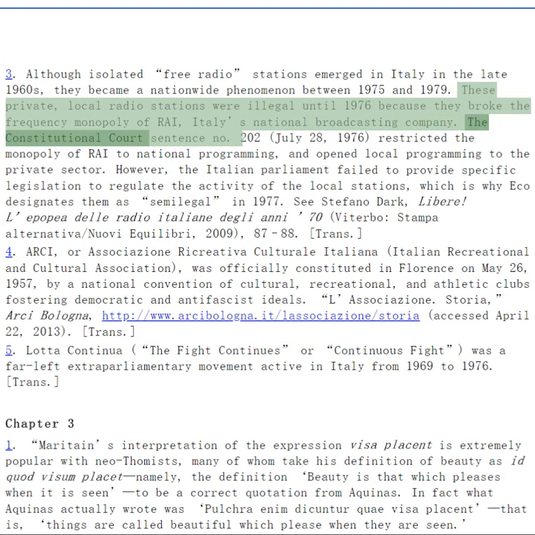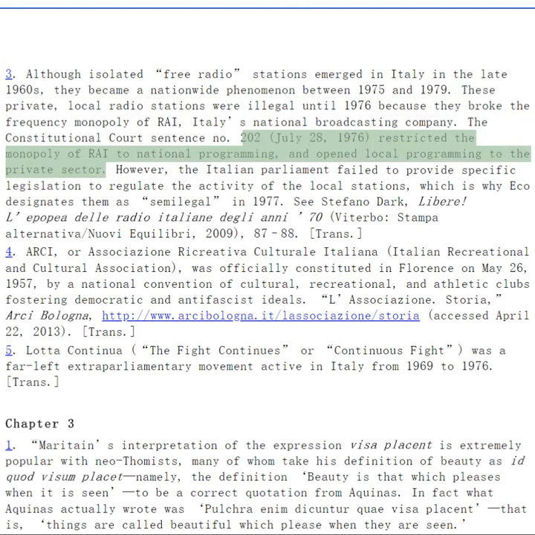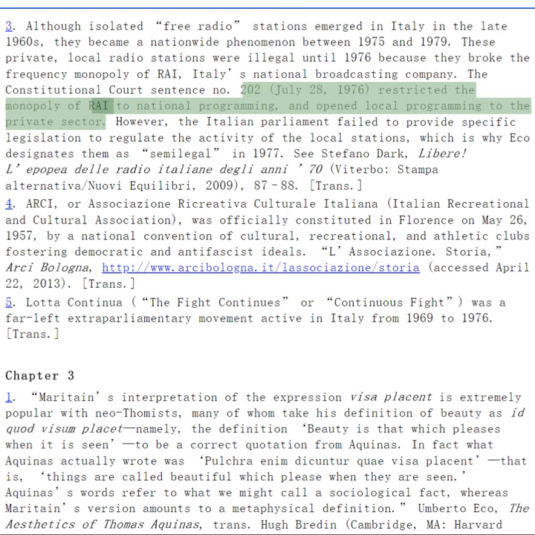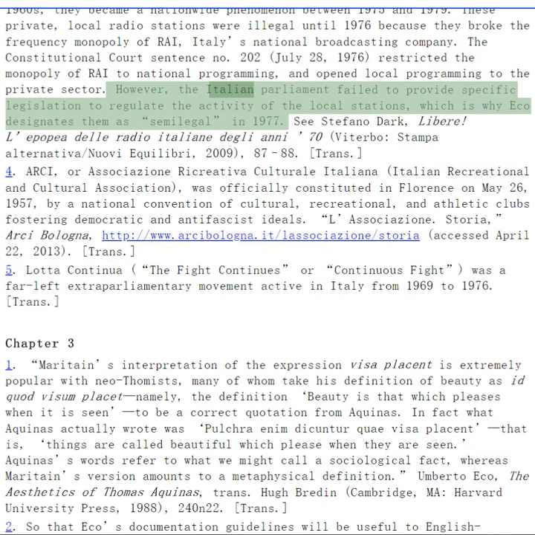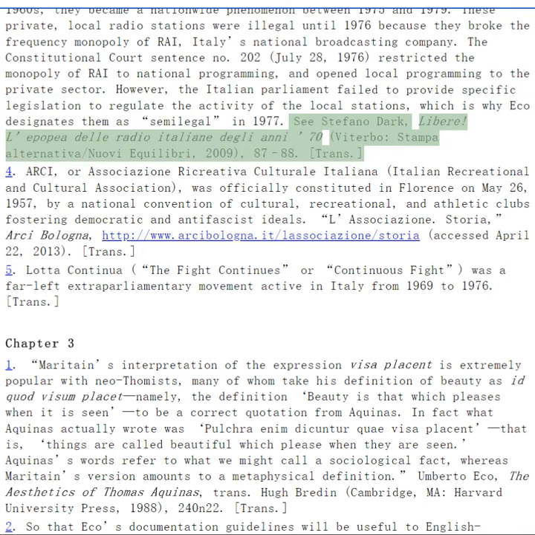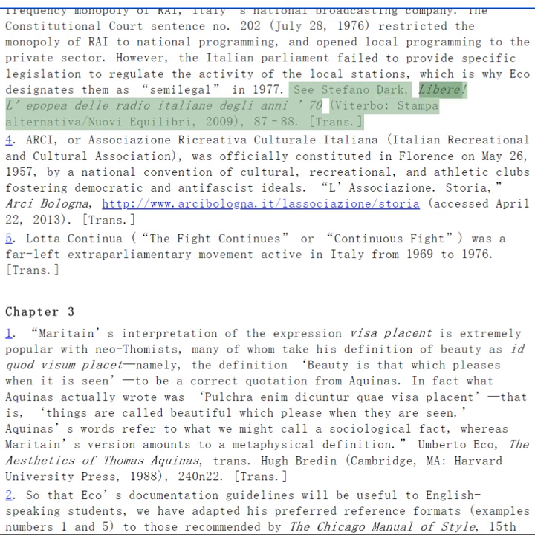The Constitutional Court sentence No. 202 restricted the monopoly of RAI to national programming and opened local programming to the private sector. However, the Italian parliament failed to provide specific legislation to regulate the activity of the local stations, which is why Eco designates them as semi-legal in 1977. See Stefano Dark, Libera: L'epopea delle radio italiane degli anni 70, 87, 88.